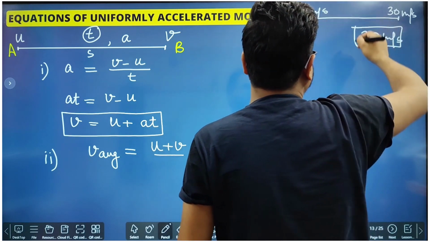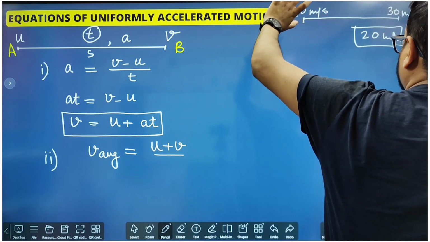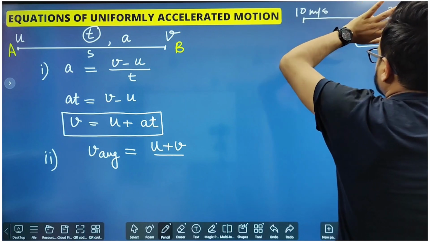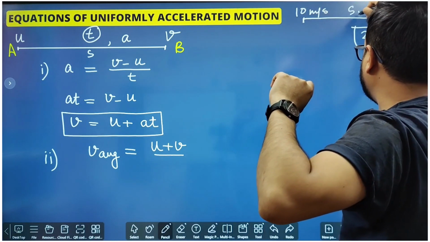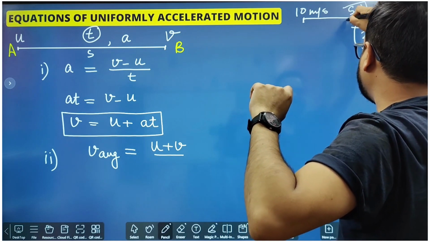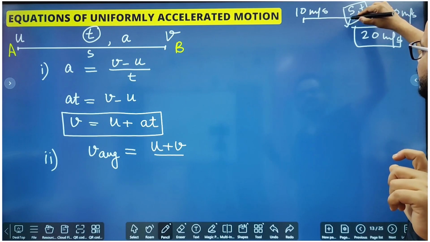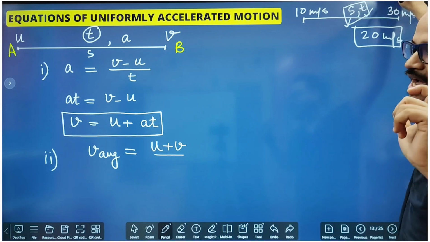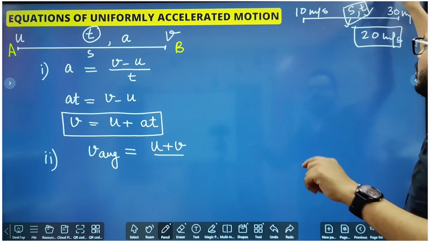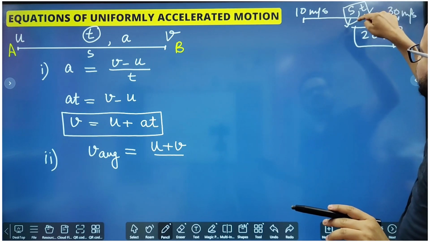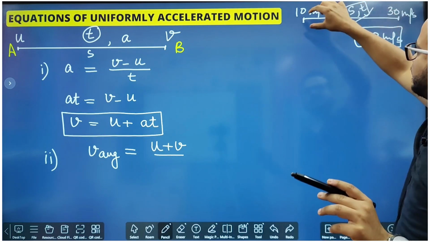So this is one situation when the body is moving with an accelerated motion, that the speed of the body is changing continuously, and suppose this distance is s and it is covered in time t. Now we want to take another situation in which the body has covered the same distance in same time with a fixed speed. Then what should be the value of that fixed speed? If the body covers this distance s in time t, then the speed of the body will be 20 meter per second throughout.